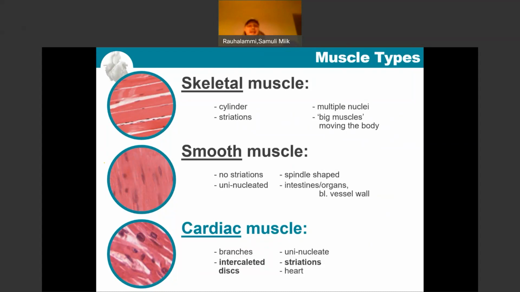That's why it's involuntary. But when we look at the cardiac muscle, we're going to notice certain distinct characteristics, even on a cellular level, that can be explained by the functions that we have for the heart and the muscle tissue that contributes to the heart muscle wall.